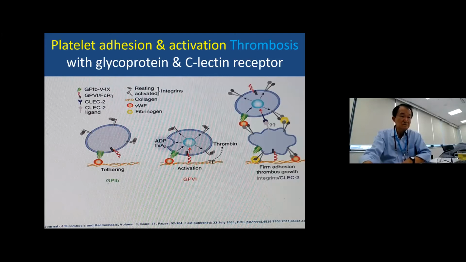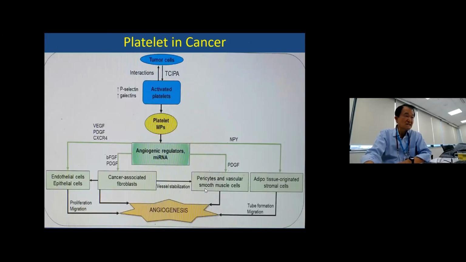So more and more factors have been discovered, and so it's obviously multifactorial. That means it's not easy to completely get rid of this clot with just one drug.